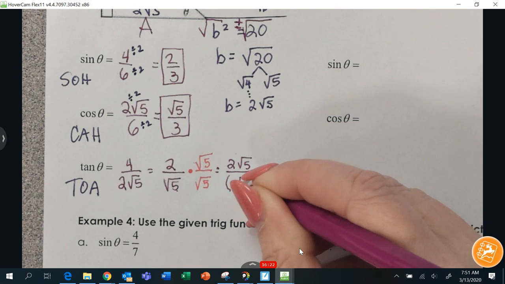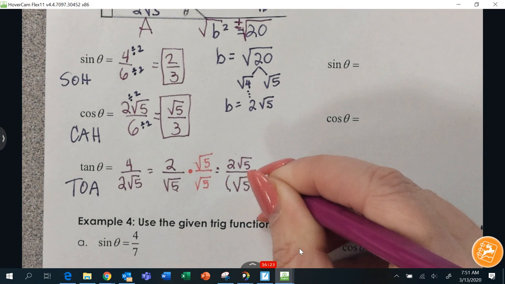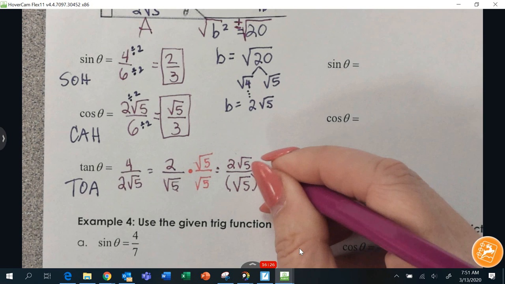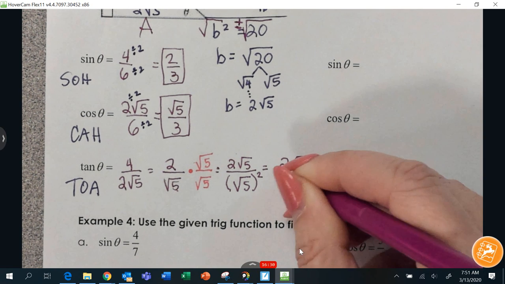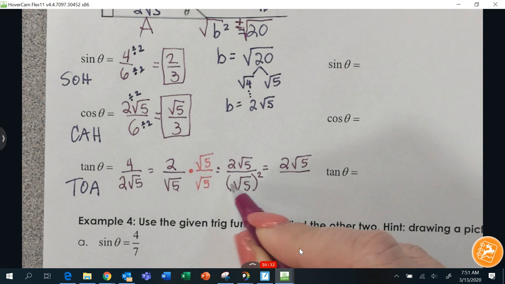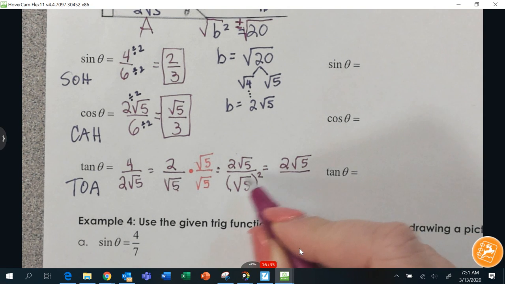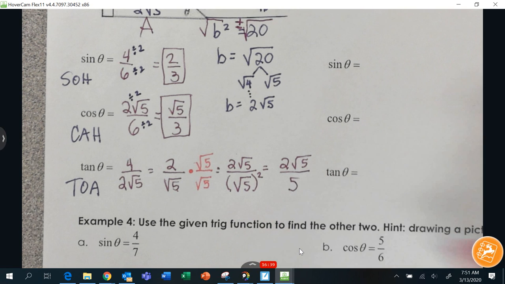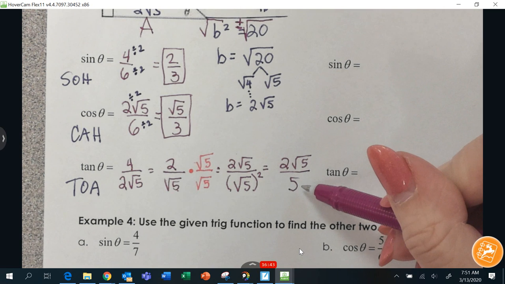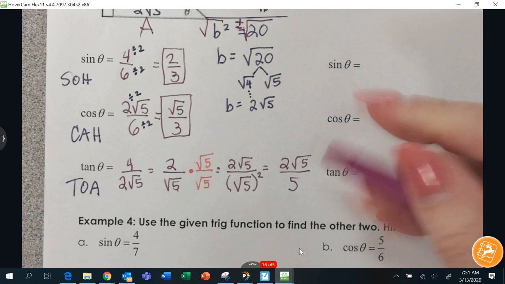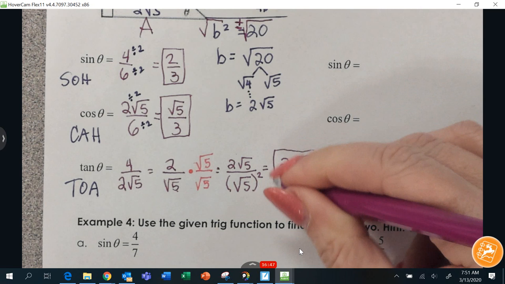So I get square root 5 squared. On the bottom, if I square root and then I square, they undo each other. They're inverses. So I get just 5. Can I cancel a radical and something that's not a radical? Nope. So this is my answer for tangent.